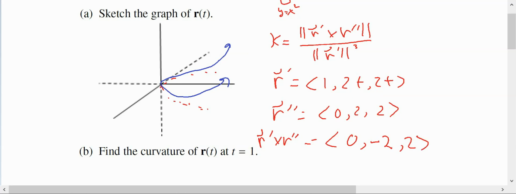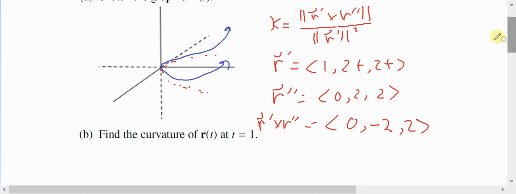And so now I can plug into that formula for curvature and then evaluate it at 1. So I get that the curvature for this value of t is going to be the magnitude of this vector, that is the square root of 0 squared plus negative 2 squared plus 2 squared.